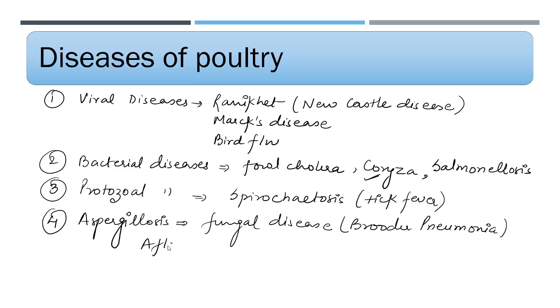Aflatoxicosis is also a fungal disease in poultry which reduces the immunity and spreads through contamination of food.